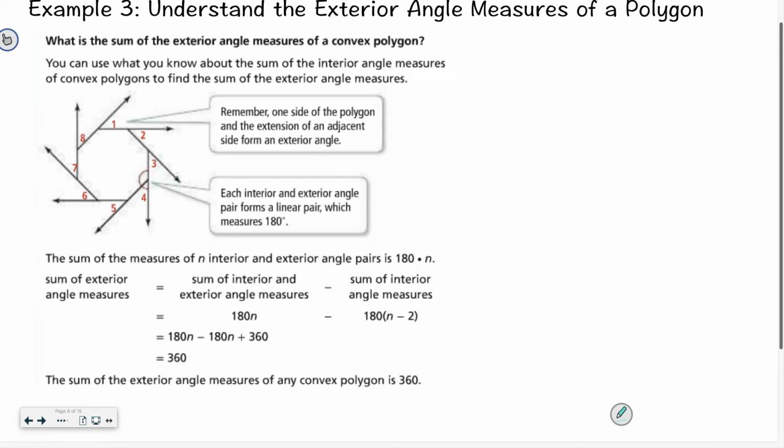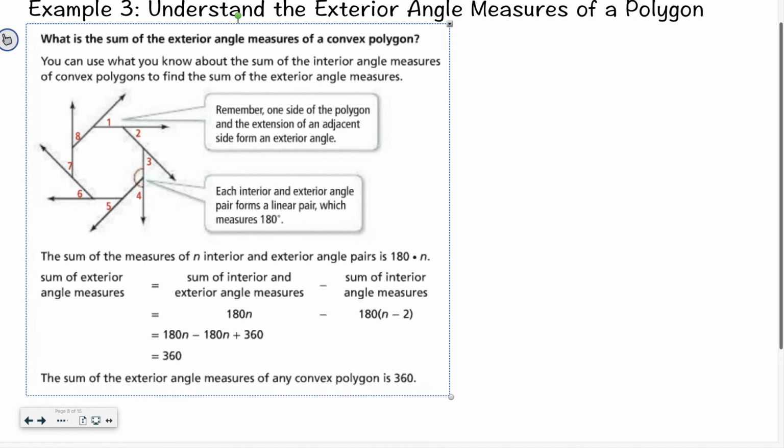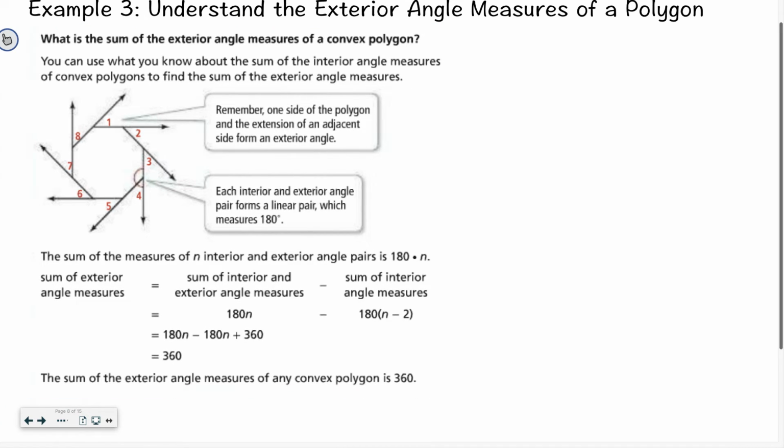So if I look, this angle, angle 1, forms a linear pair with, let's say, the interior angle 1. This angle 2 forms a linear pair with the interior angle 2. So if you think about it, all of those exterior angles form linear pairs. They form those straight lines with their interior angle partner.